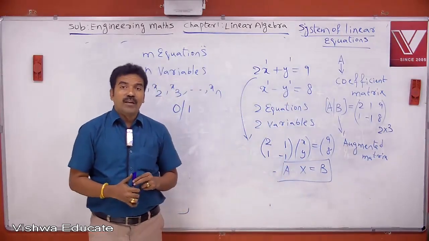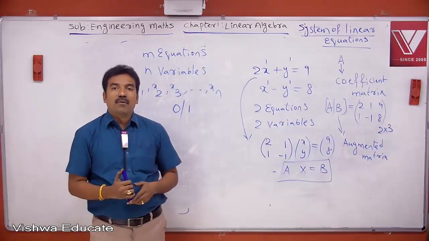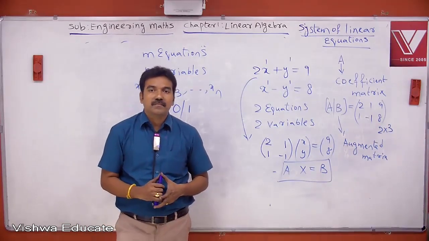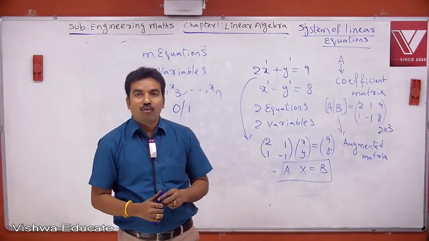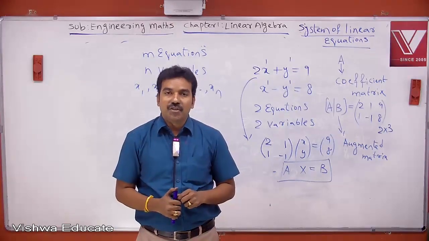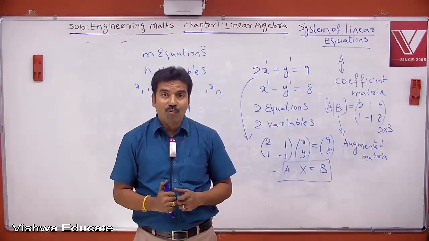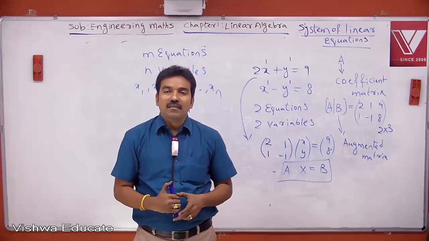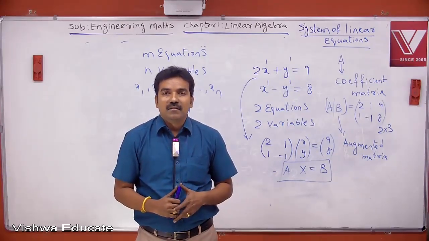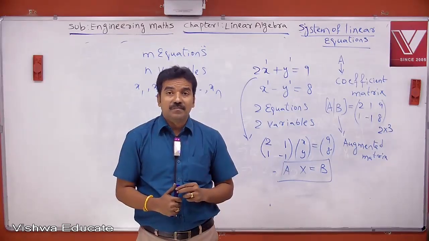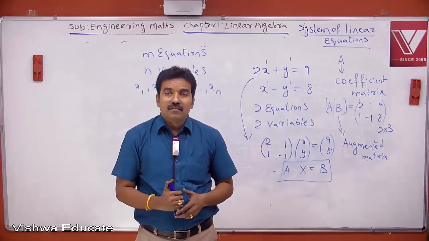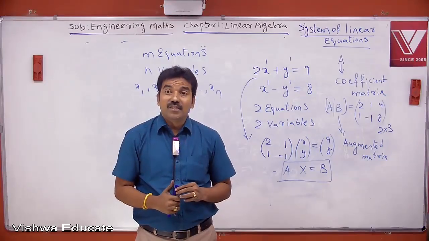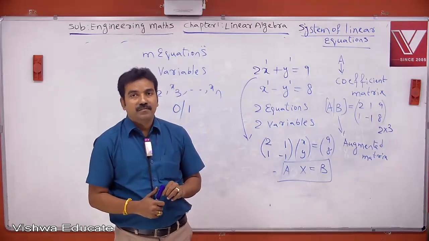If the powers of all variables in each equation is either 0 or 1, then the equations is called system of linear equations.